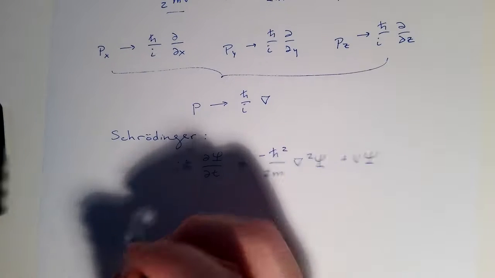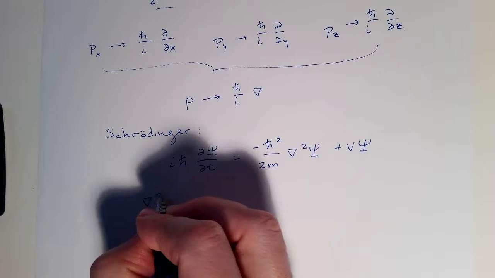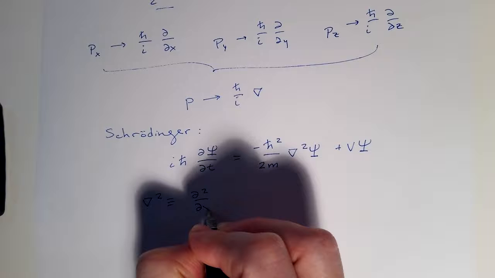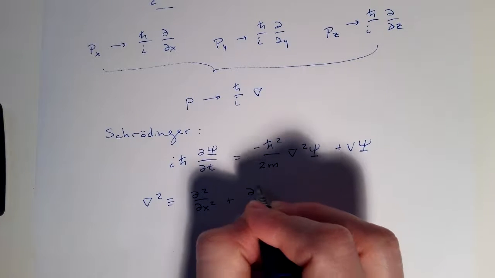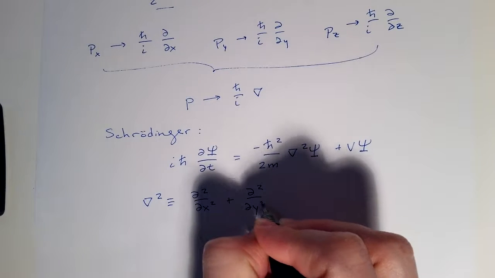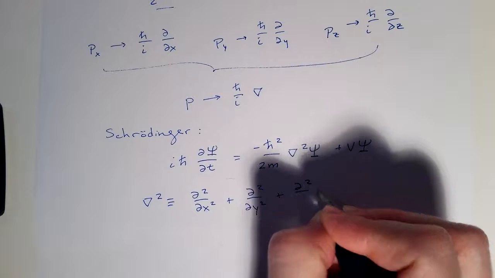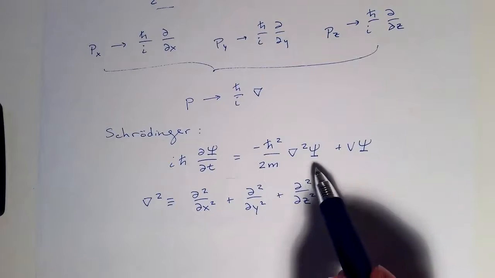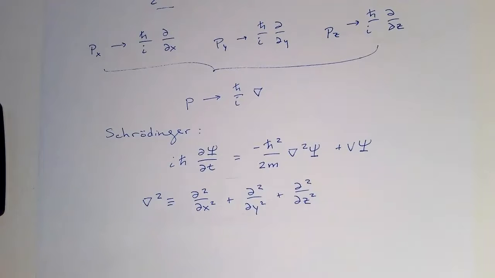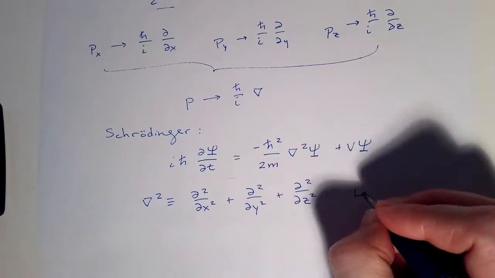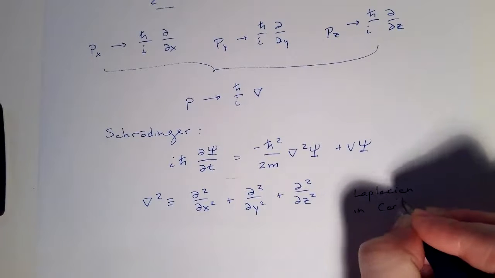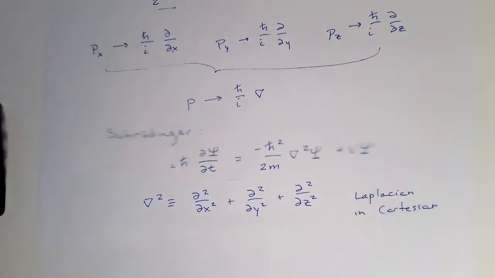Now that del squared, you might remember from a previous class, is just taking a second derivative, right? So that partial derivative is an instruction to do something to the item following it. In this case, the wave equation following that instruction. So that's the Laplacian in Cartesian, if we want to be technical. So the Laplacian in Cartesian coordinates.